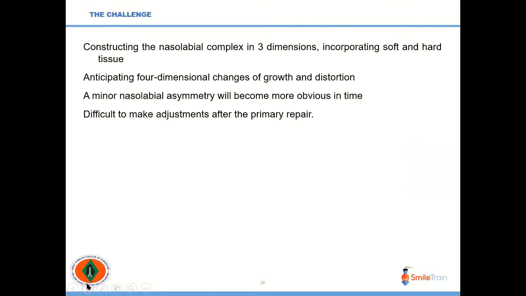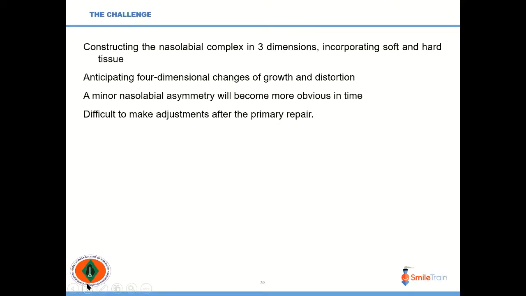Now it's challenging because you want to construct the nasolabial complex in 3 dimensions, incorporating the soft and the hard tissues, whilst you anticipate the 4-dimensional changes of growth and distortion. Some aspects, as the child grows up, will grow much faster than others.